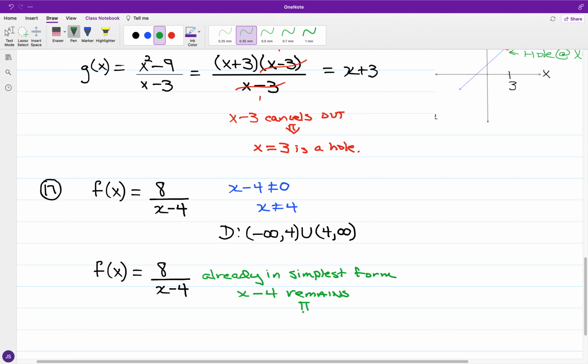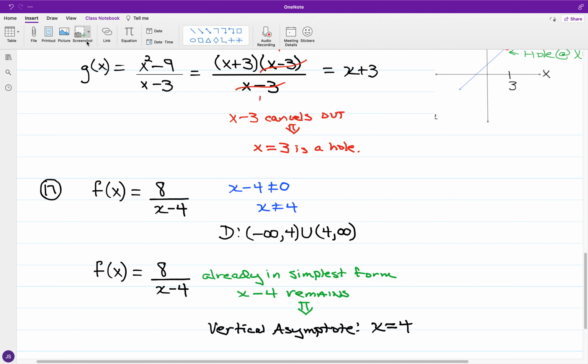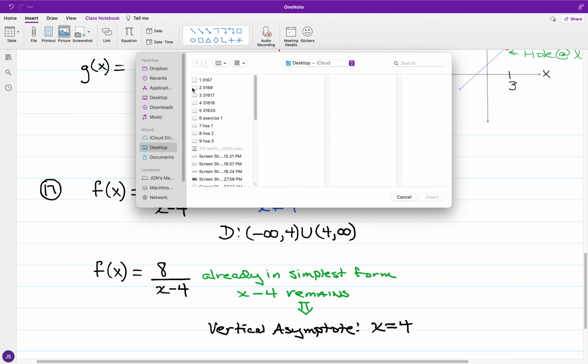And because the factor remains, that means that the exclusion from the domain is going to be the vertical asymptote. There is no denominator factor to completely go out, so there's not going to be a hole this time around. We have that exclusion converted to a vertical asymptote, and just providing the visual on this one.